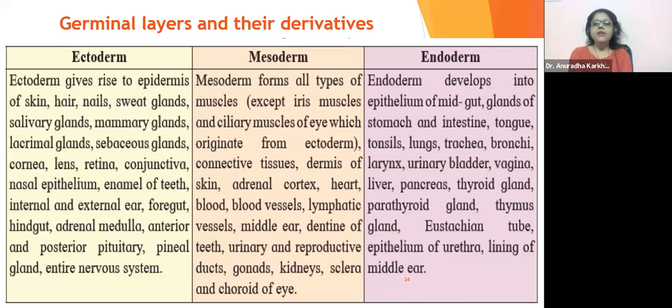Endoderm develops into epithelium of midgut, glands of stomach and intestine, tongue, tonsils, lungs, trachea, alveoli, larynx, urinary bladder, vagina, liver, pancreas, thyroid gland, parathyroid gland, thymus gland, eustachian tube present in the ear for balancing our bodies, epithelium of urethra, lining of the middle ear.